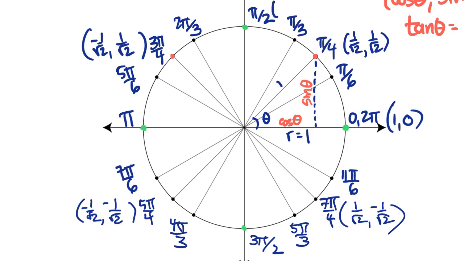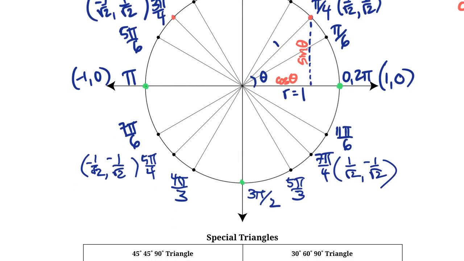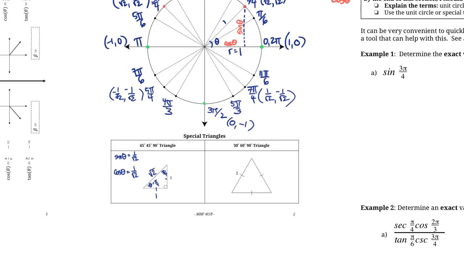Pi by 2 has a coordinate of 0, 1. Pi has a coordinate of negative 1, 0. And 3 pi by 2 has a coordinate of 0, negative 1. There we go. So now we've taken care of 8 of these big angles here.